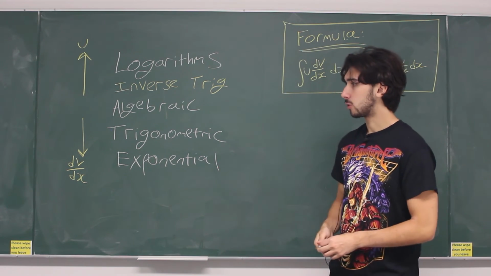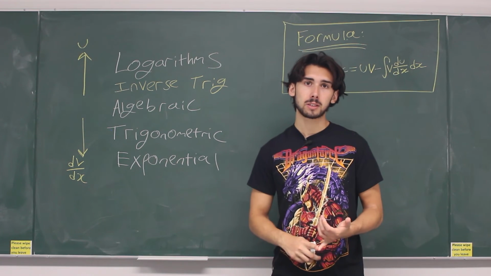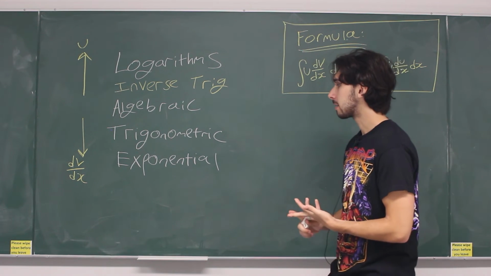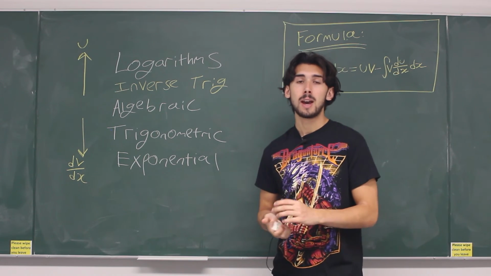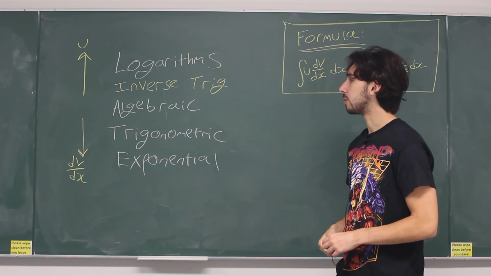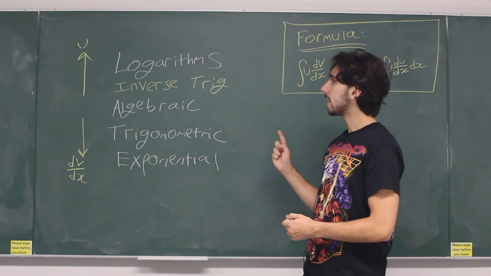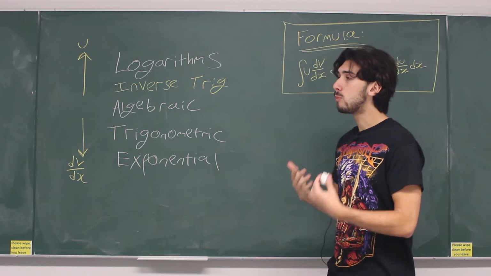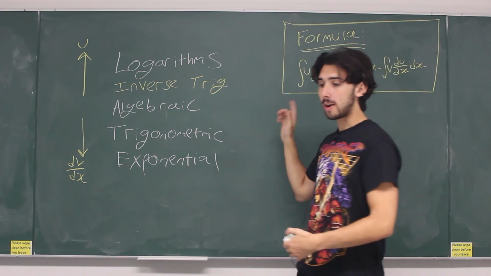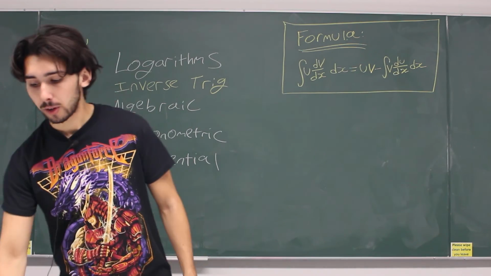And finally, exponential functions: things like e to the x, e to the 2x, e to the minus x, 2 to the power of x, anything where x is in the exponent. That's an exponential function. So again, the higher up the list is, the more you want that type of function to be u when you do integration by parts.